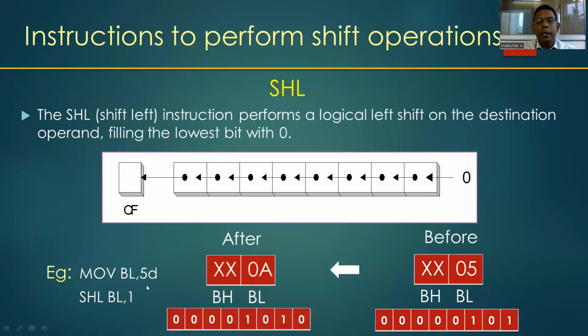Before executing this, the content was 5. After 1 shift, the content will be A. After one shift, the content will be like this. Before it was 5, after that it is A.